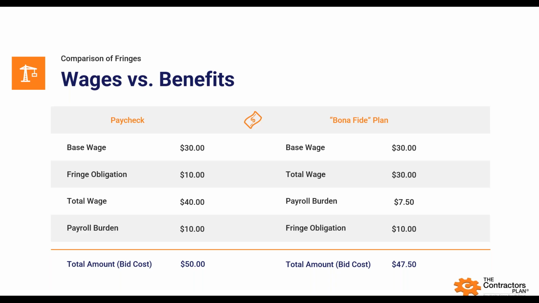Now 25% of $30 is $7.50. I still, as a contractor, must discharge that fringe obligation. So I've got a $10 fringe obligation, just as I did in the previous scenario. But now my total cost, 30 plus 7.50 plus 10, is $47.50. So that's a pretty significant savings.